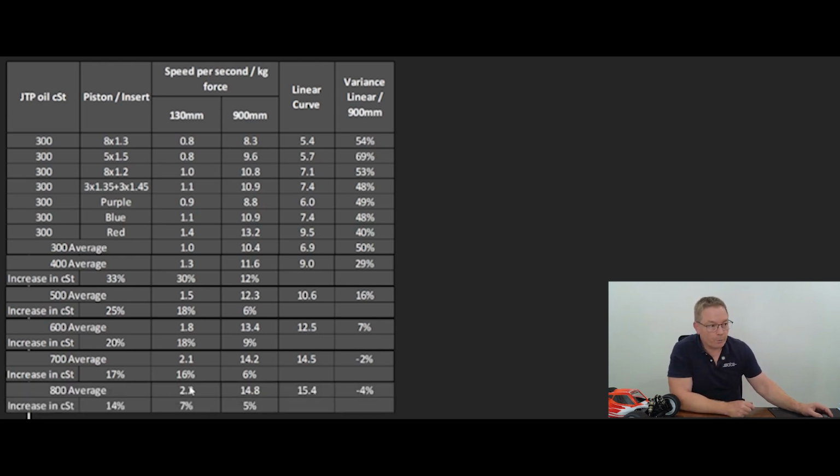800, 2.2. So we're starting to slow down in terms of our increases. We increased 14%, we're only getting a 7% increase, but 5% in the high speed. And now we're even more digressive.